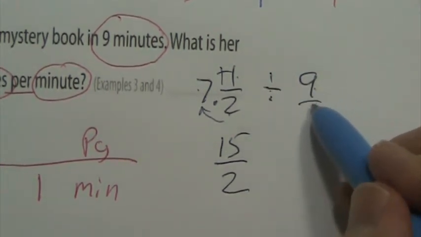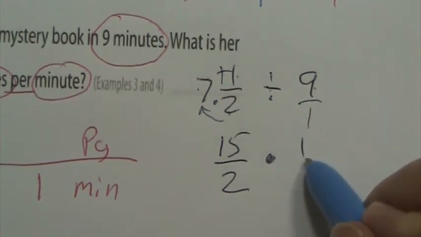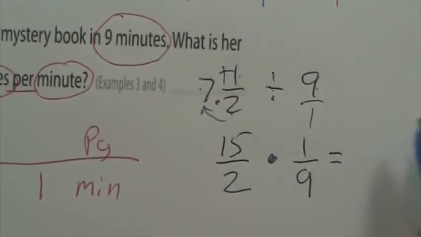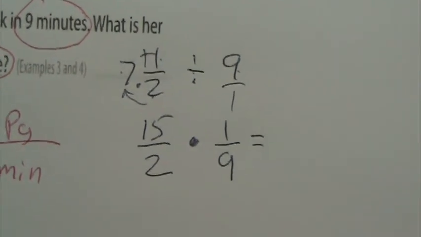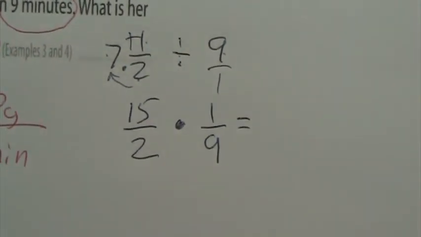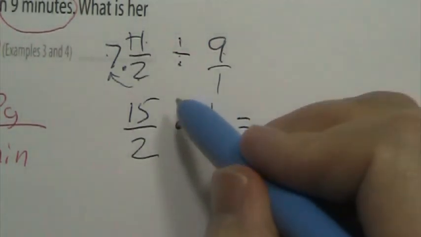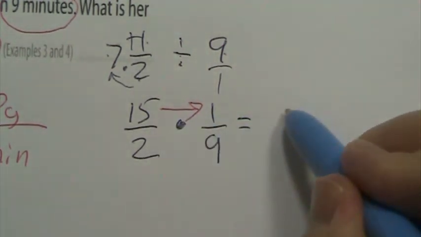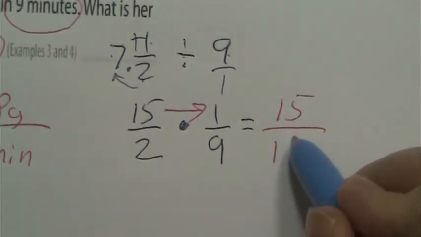Multiply by the reciprocal, so multiply and then flip this. Now if you cannot see what to reduce, then just go straight across. But I see it, so I'm going to go across. 15, 2 times 9 is 18.